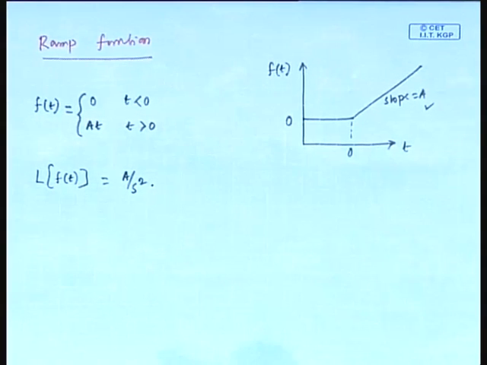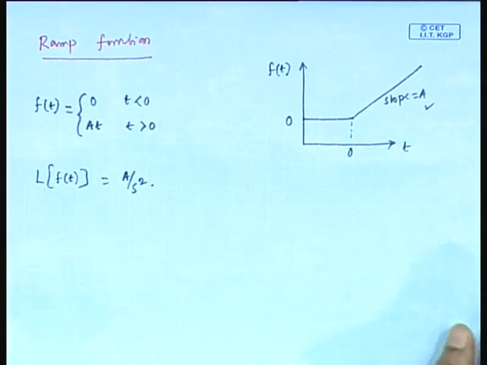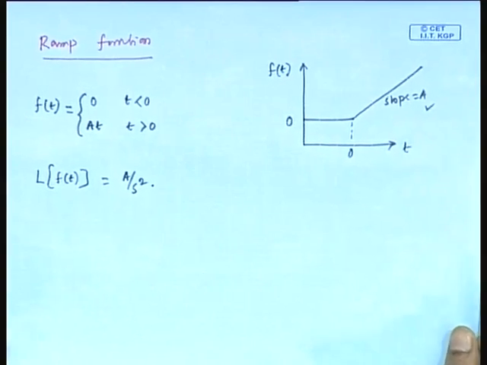So what will be the example? Gradually open the steam valve so that Q changes linearly, and the ramp ends when the valve is fully open.